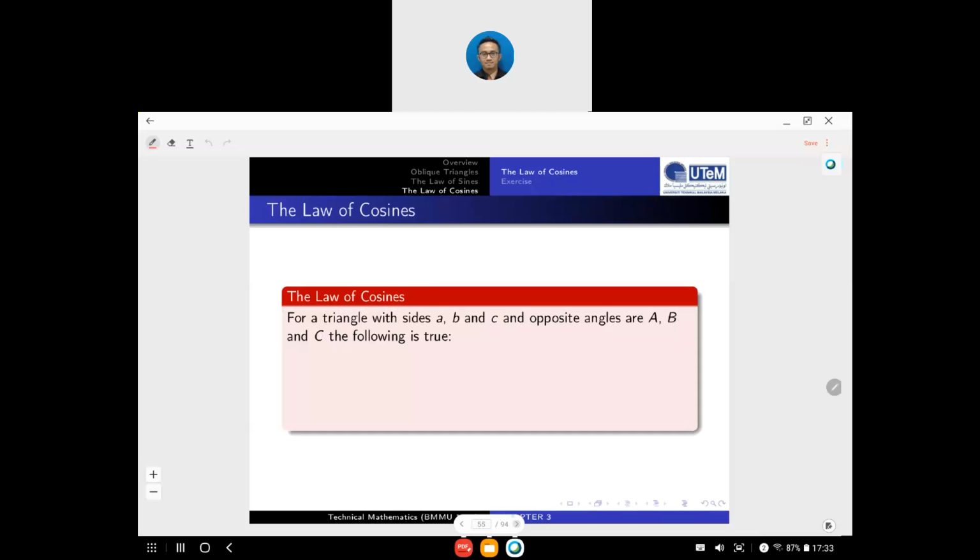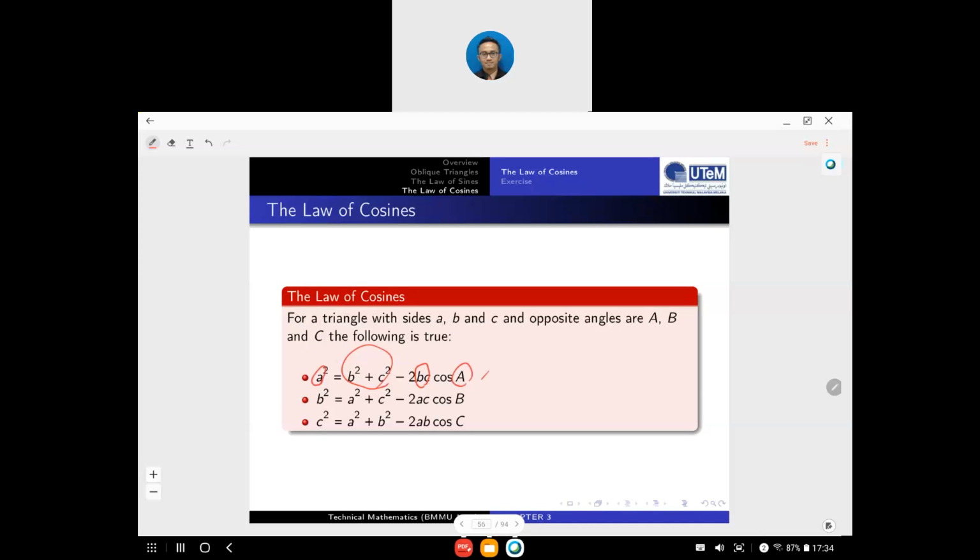Okay, the law of cosine is used when you have the sides a, b, c and the angles A, B, and C. The law of cosine states that a squared equals b squared plus c squared minus 2bc cos A, where bc is taken from here and then cos A must follow here.